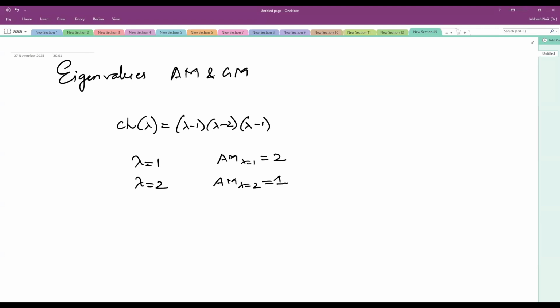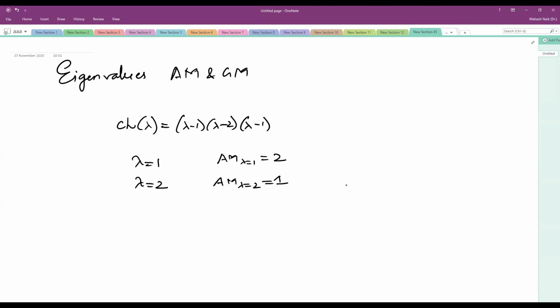So the number of times the eigenvalue is repeated is accordingly the algebraic multiplicity. If it is equal to 1, it's called a simple eigenvalue. Otherwise, it's an eigenvalue with the given multiplicity. Now, with every eigenvalue, there will be a corresponding eigenvector, so we can define the geometric multiplicity based on that.